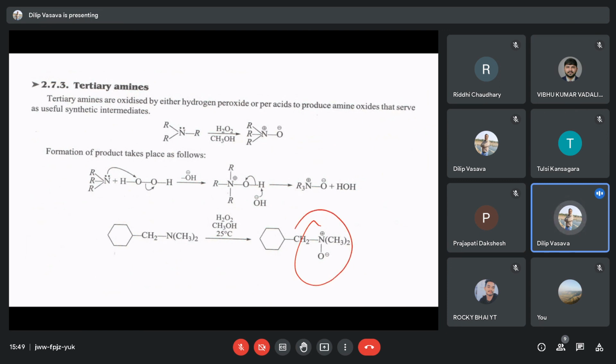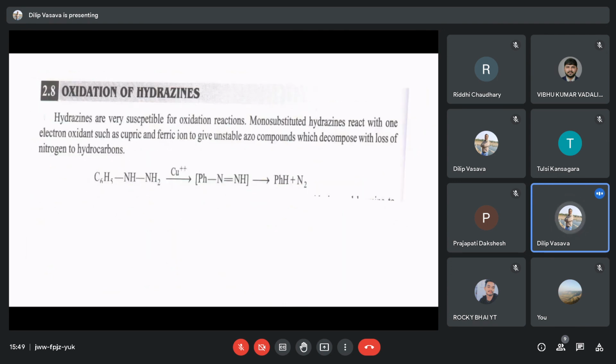We had seen some examples of N-oxides in semester 1, unit 1, in 402. When hydrazine, NHNH2, is given, it is oxidized into the hydrocarbon.